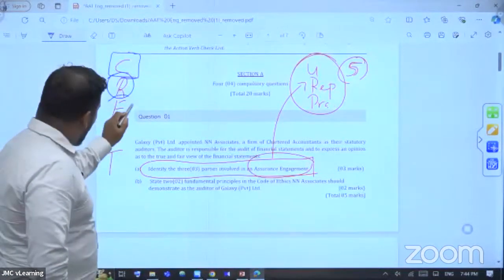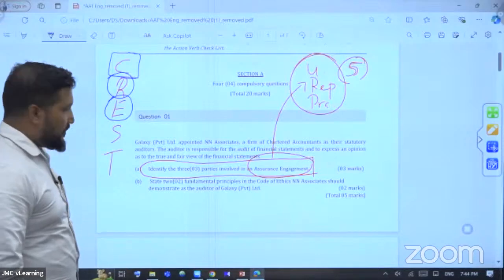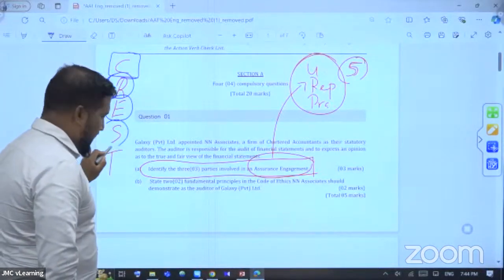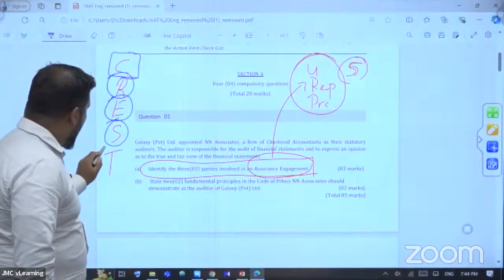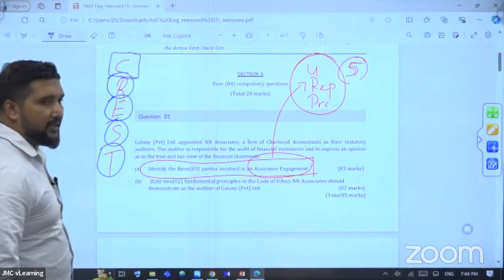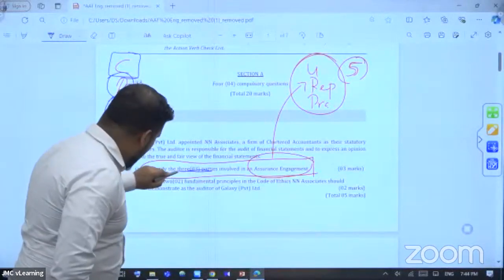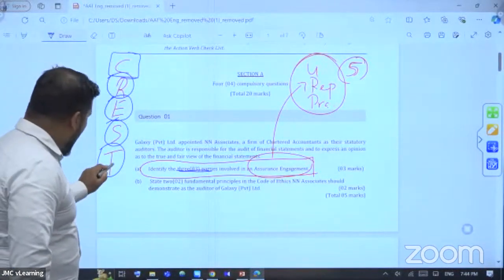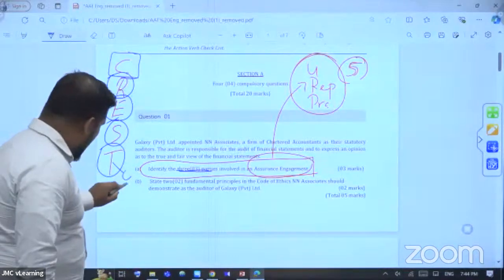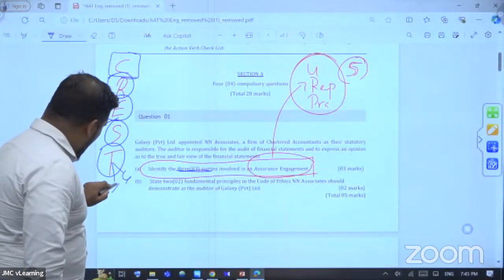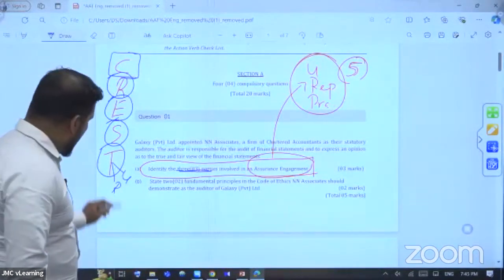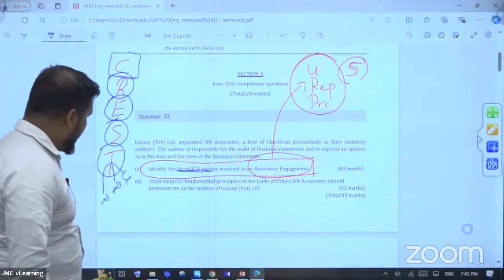Then E stands for audit evidence. Then S stands for subject matter. And T stands for tripartite relationship. Here, they wanted you to identify the 3 parties. So who are the tripartite parties? The users of the financial statements, the parties who are responsible for the financial statements, plus the practitioner.